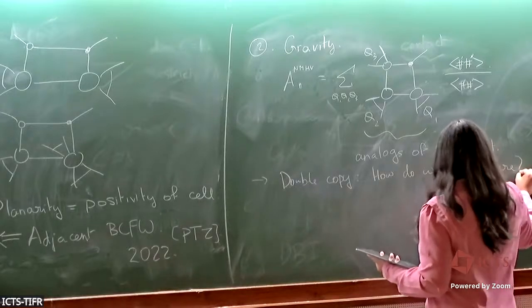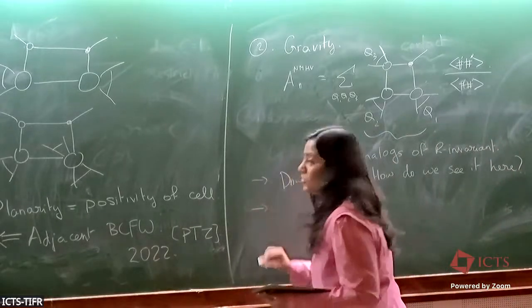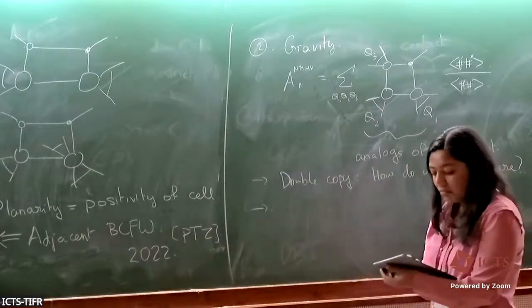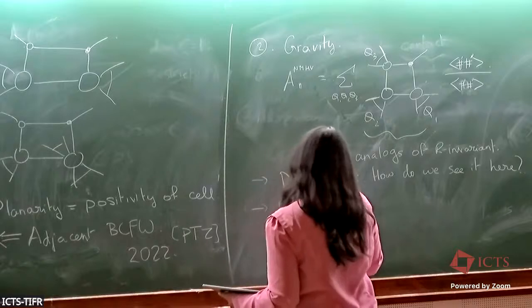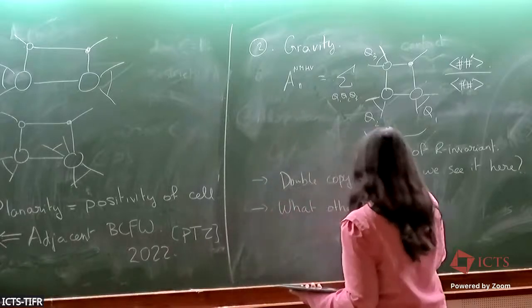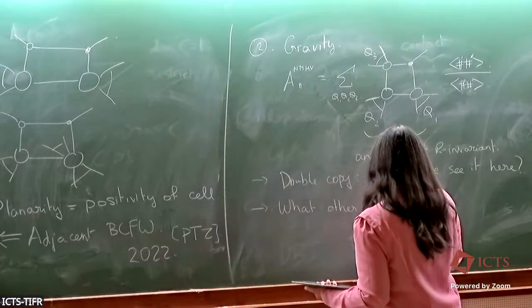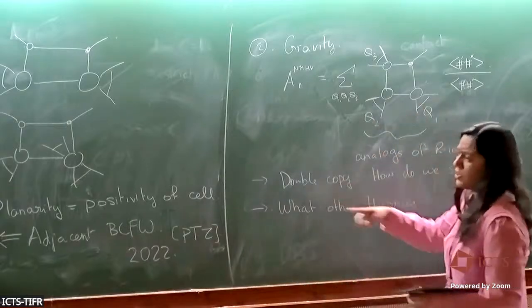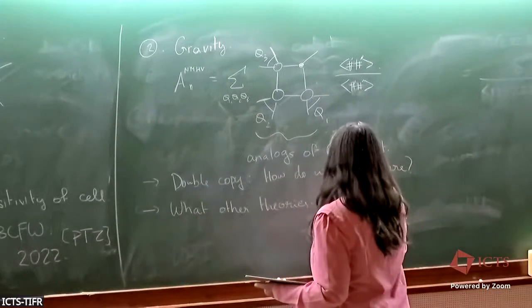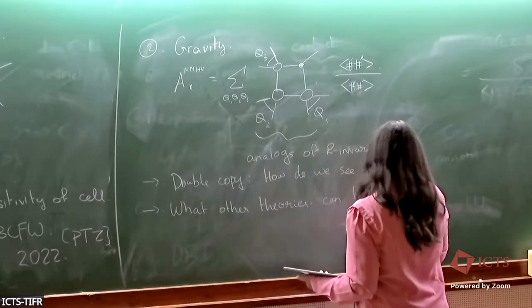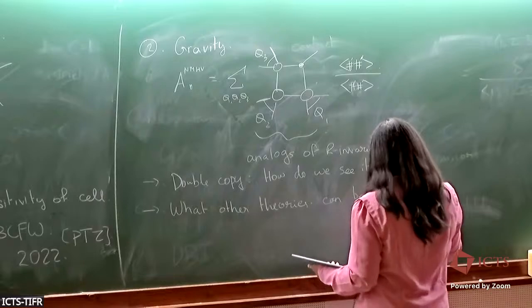Naturally, at the level of 3-point amplitudes, you can see it, but beyond that, not quite. Then there's the question of what other theories. So we spent a lot of time talking about N=4. I mentioned a bit about N=8. We also talked a little bit about the nonlinear sigma model. But what other theories can be recursed? And how? Of course, also a question.